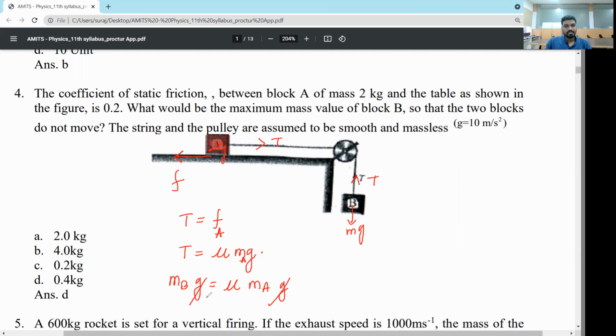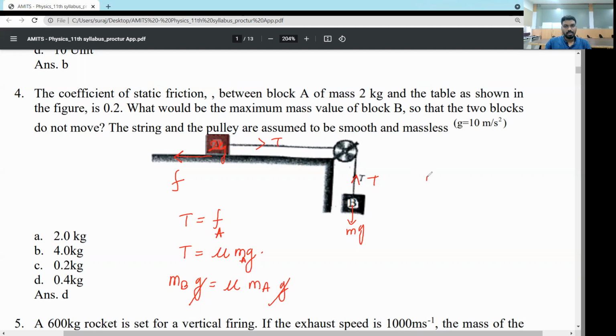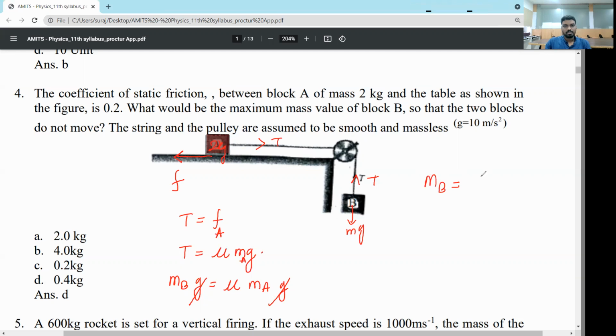G will get cancelled. Mu is given 0.2. Mass of A is 2 kg. Maximum value of B, so mass of B will be 0.2 times 2 kg, so 0.4 kg. Option D is correct.